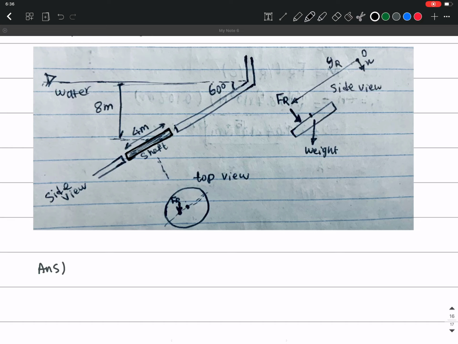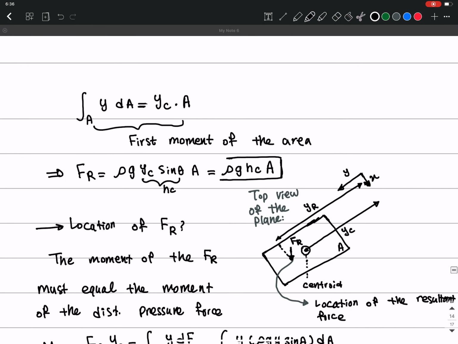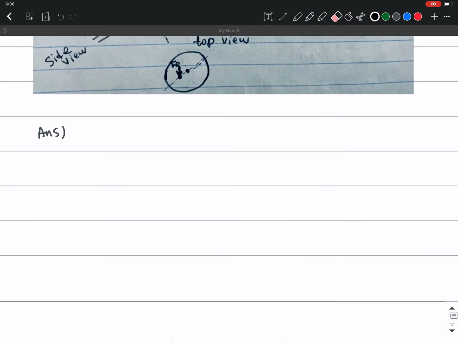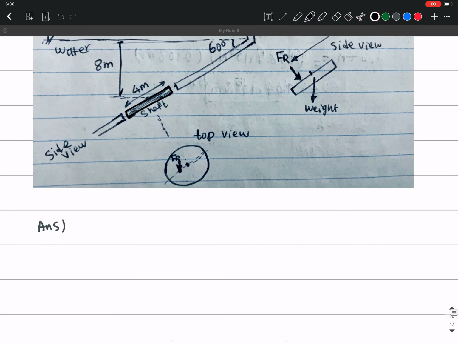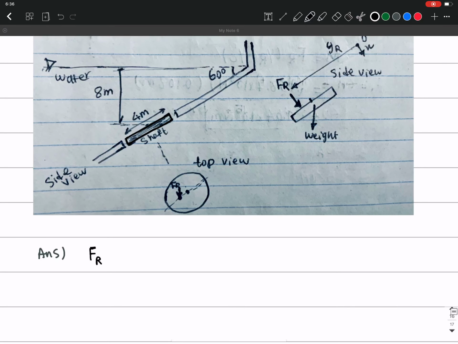As we know from the previous work, this is gonna be rho g yc sine theta times A, or rho g hc times A, where hc is the height of the center, and then we have to multiply that by the area of the shaft. So the magnitude of the resultant force is Fr equals rho g hc times A.